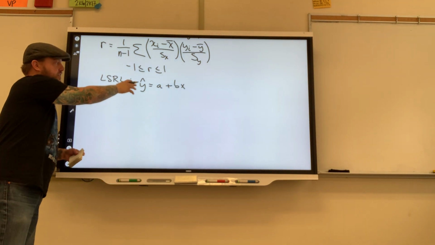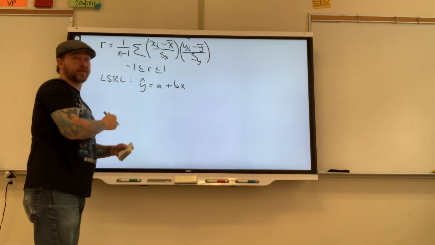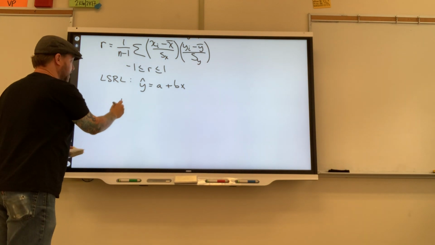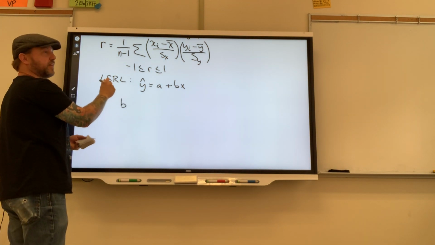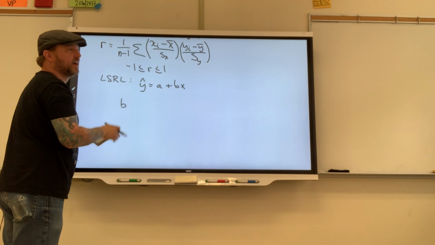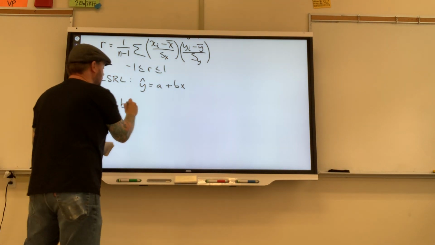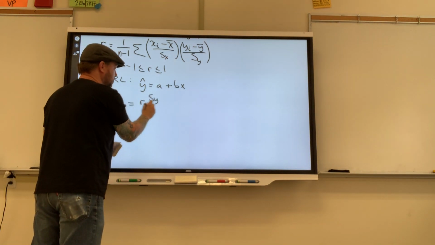The least squares regression line is y hat equals a plus bx, where b is r times sy over sx.